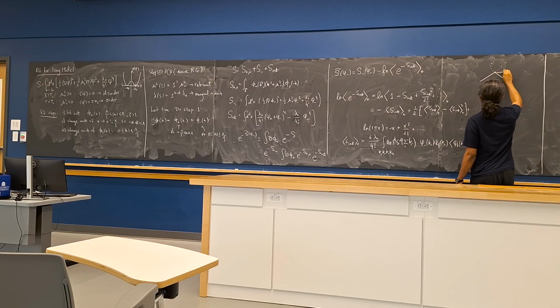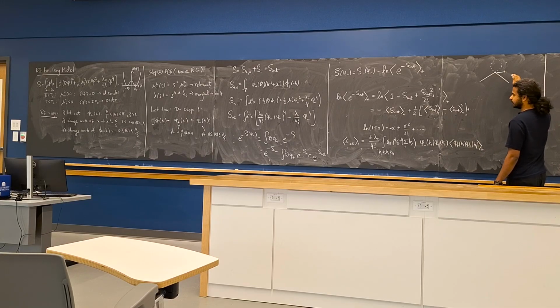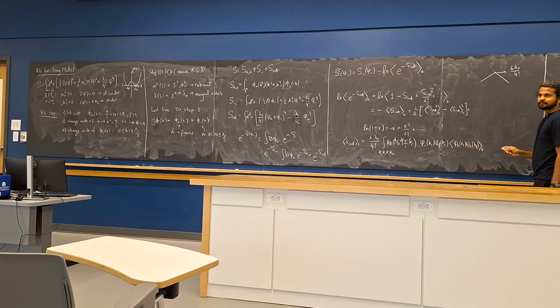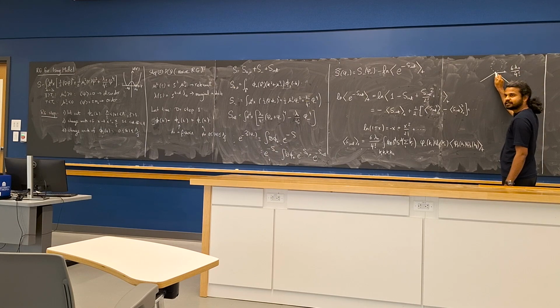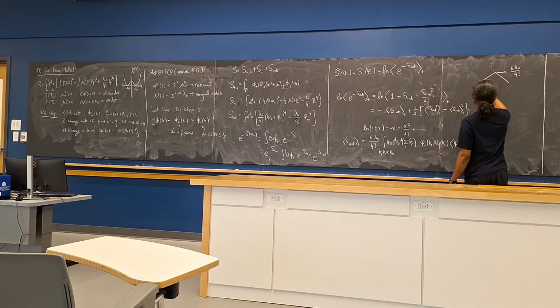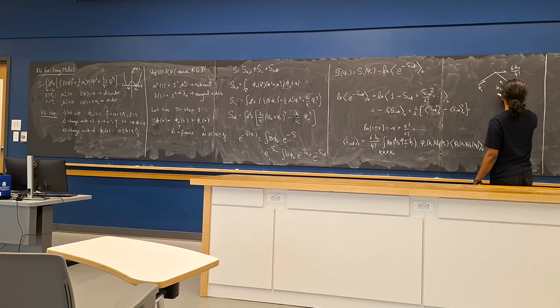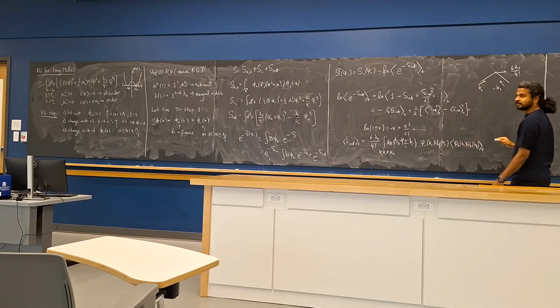with the vertex having the rule that it's 6 lambda 0 by 4 factorial, and momentum is conserved at the vertex, and incoming momentum K1, incoming momentum K2. And momentum conservation tells us that this must be minus Q1, right?